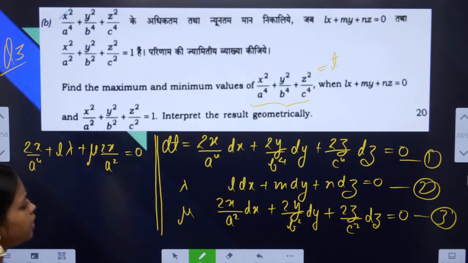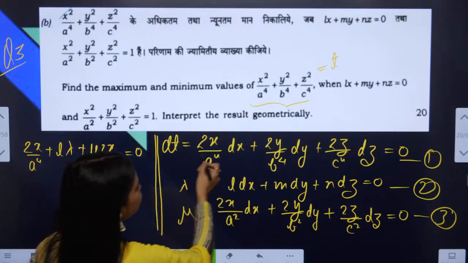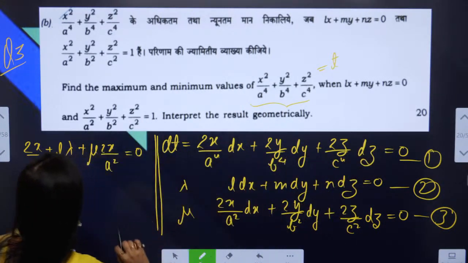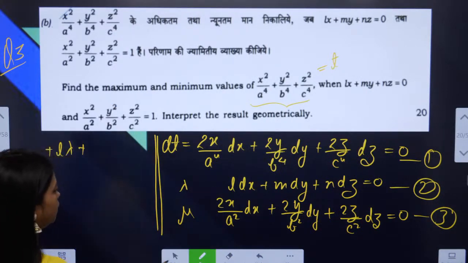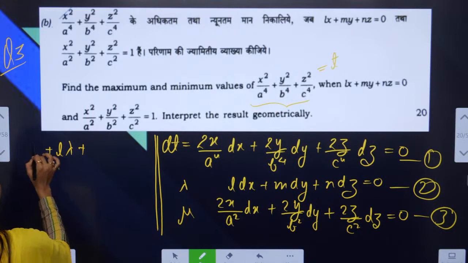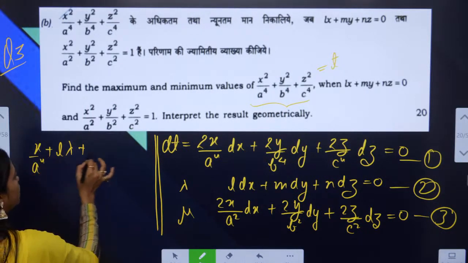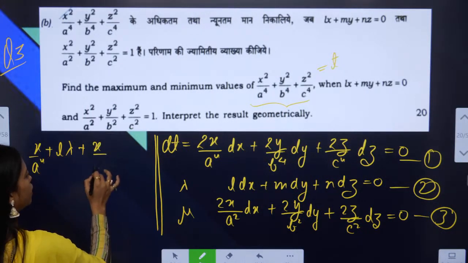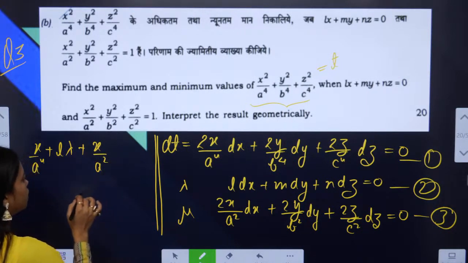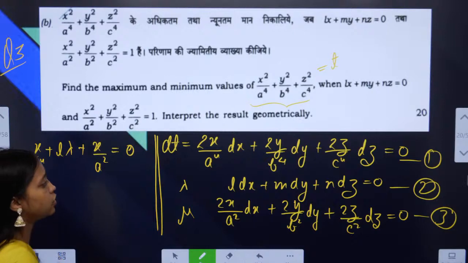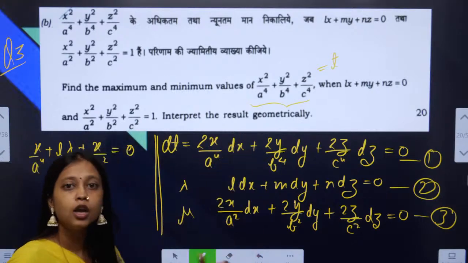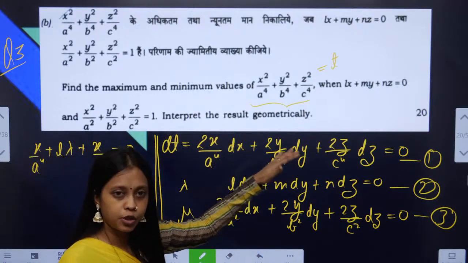You can actually eliminate this 2 also, you can take that 2 common out, so I am not writing 2 over here. Let us just remove that. So it becomes x by a raised to the power 4 plus L lambda plus mu x upon a raised to the power 2 equals 0. This is the coefficient of dx that you are obtaining.